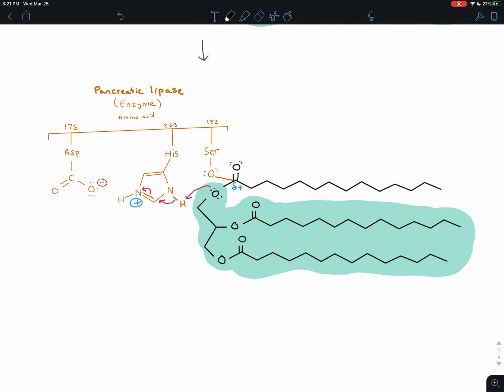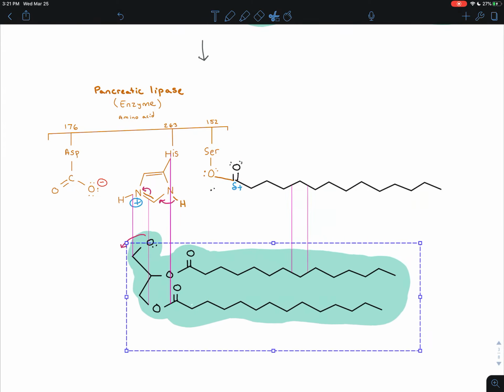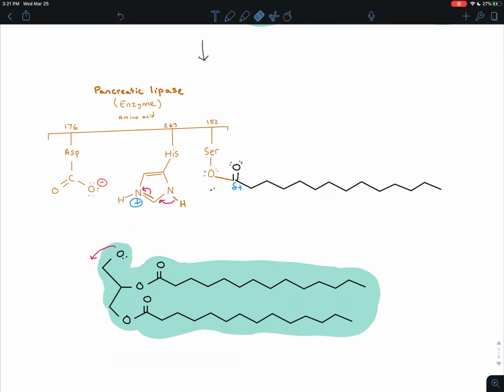And then this bond will break. This whole group here will leave, and this oxygen stole this hydrogen.